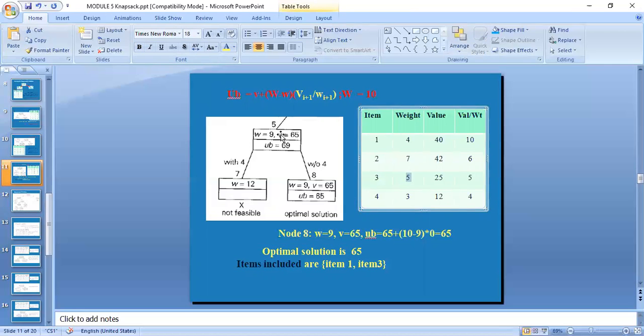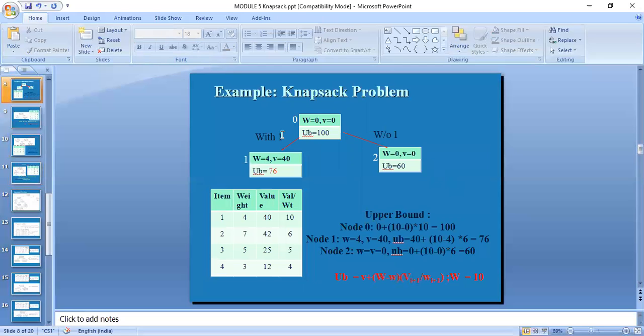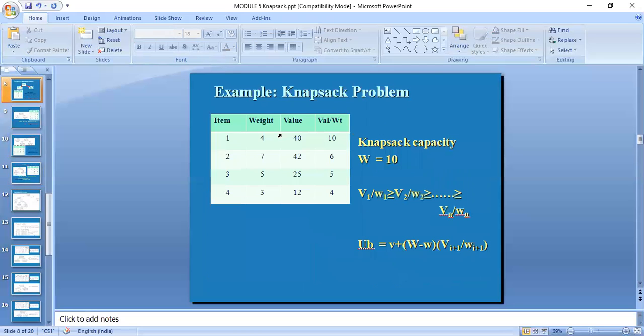The objective function here says that you need to find out the value, first find out the remaining capacity, multiply it with the ratio of the next item. Whatever product you get, you add up with the value, and you will get the upper bound value.